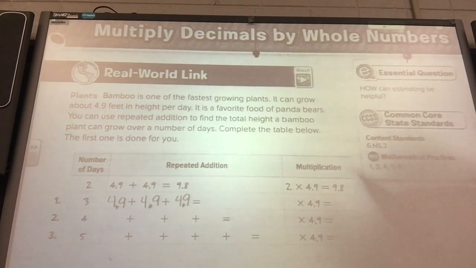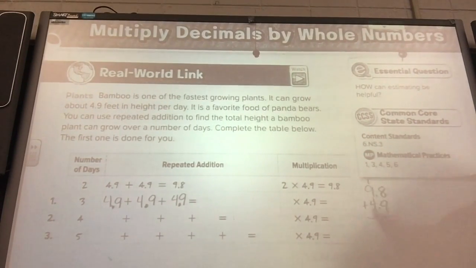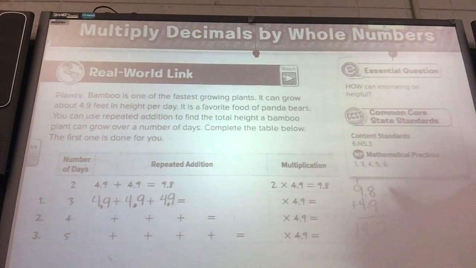Well, we could take 9.8 plus 4.9 and get 14.7. Or we could multiply 9.8 times 3, and 8 times 3 is... That is not right.